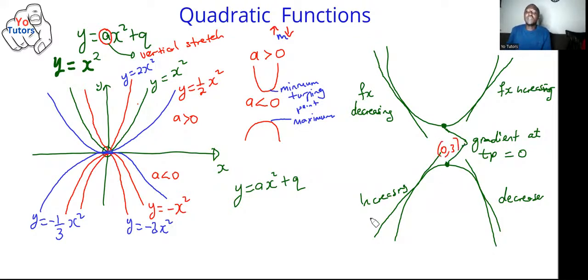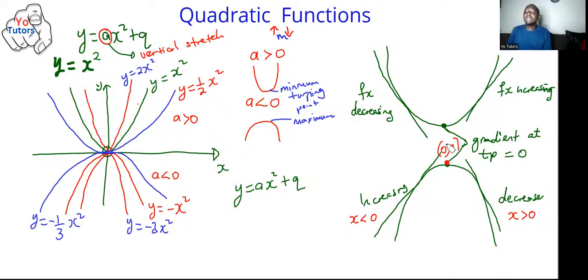So in this case, where it's decreasing, it will be x less than 0. What about where it's increasing? It's going to be x greater than 0, because we refer to the x value.